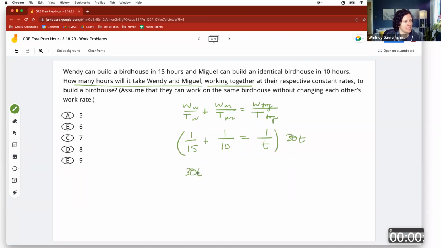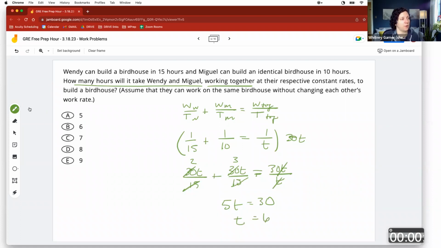So 30t over 15 plus 30t over 10 equals 30t over t. Cancel everything out. So that gives me a 3. This leaves me a 2. So 2t plus 3t is 5t. That's an equal sign, excuse me. 5t equals 30. And so t equals 6, right? So you can get to B that way.